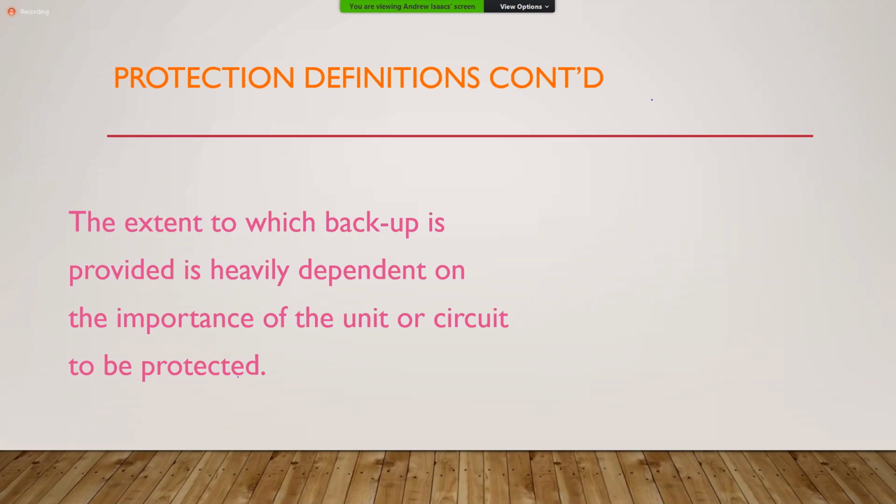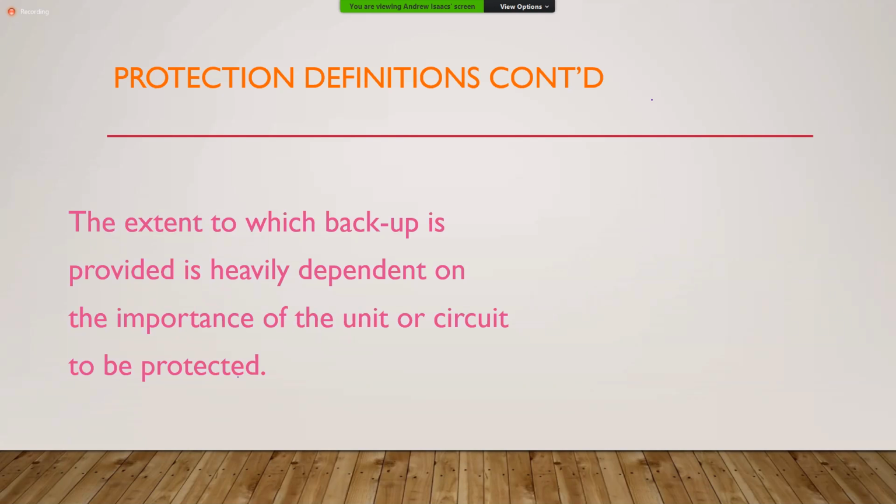Do you get that? So one, it can be the cost of the equipment you're protecting, but two, it can be the importance of the process that you are trying to maintain. You can't allow it to fail, okay? And therefore you need the protection as part of that.